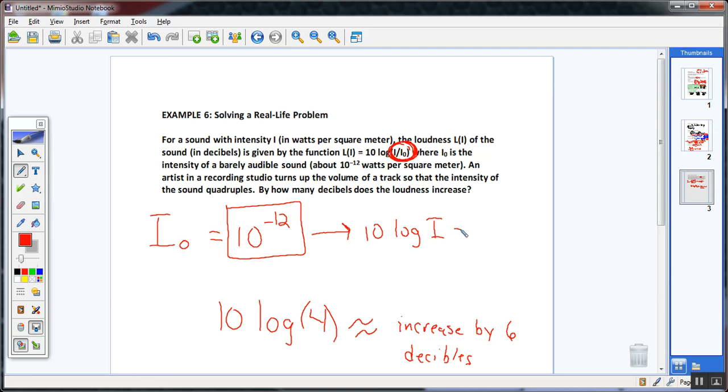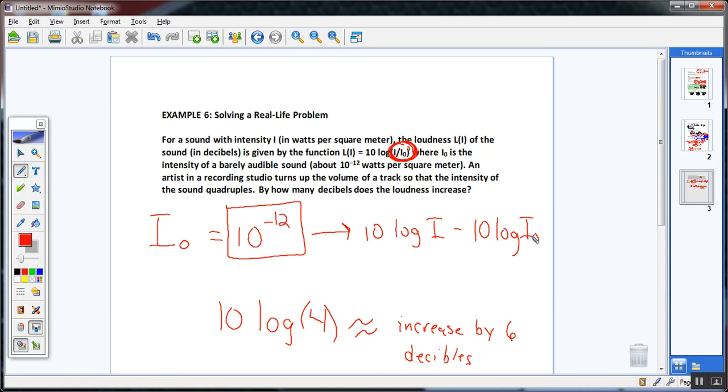minus 10 log of what value here? I of what? Okay. Now again, this is what we started with initially, right? And we're going to turn it up so this turns into what, kids? 4 of them, right?